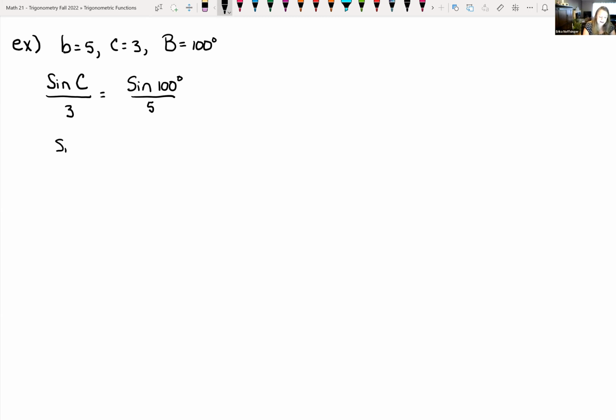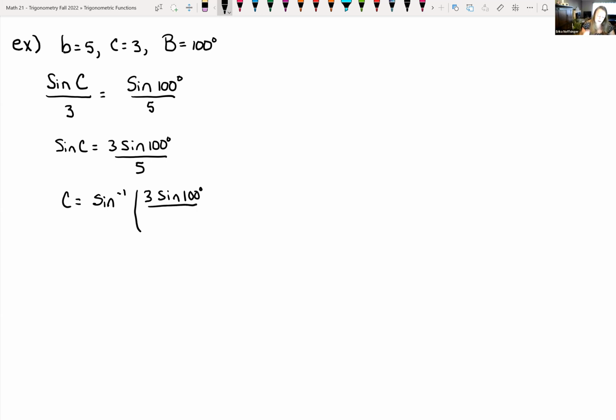So we have sine of C is equal to 3 sine of 100 degrees all over 5. We want angle C, so we could take the sine inverse of both sides of our equation. And so we get angle C is sine inverse of 3 sine of 100 degrees.